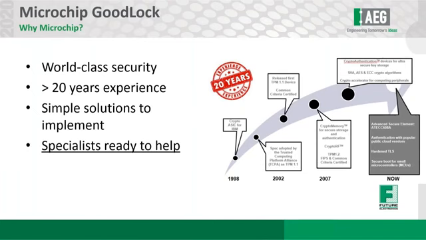It's a world leader in providing hardware security solutions. You don't need a PhD in math or security, just let Microchip do the heavy lifting for you. Their devices perform all the intensive math functions and the key storage. With very simple to implement products, you can secure your design very easily.